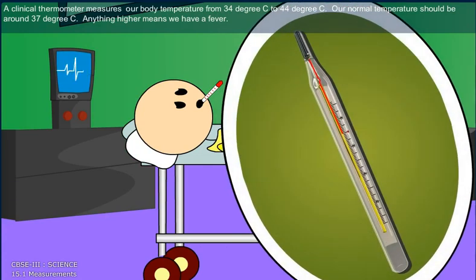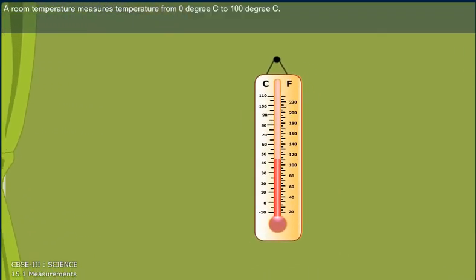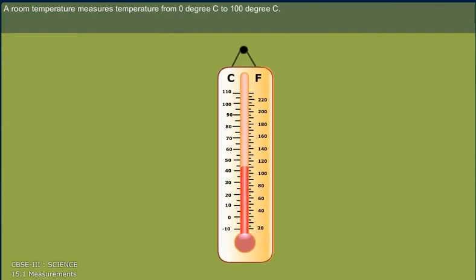Our normal temperature should be around 37 degrees Celsius. Anything higher means we have a fever. A room thermometer measures temperature from 0 degrees Celsius to 100 degrees Celsius.